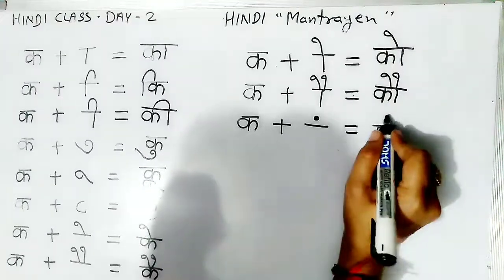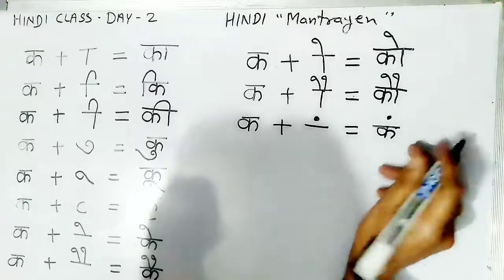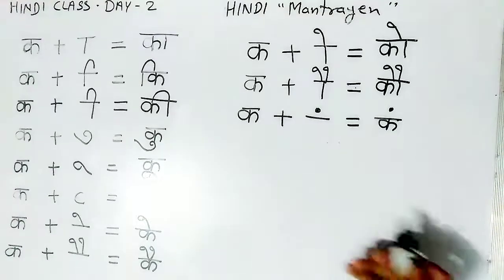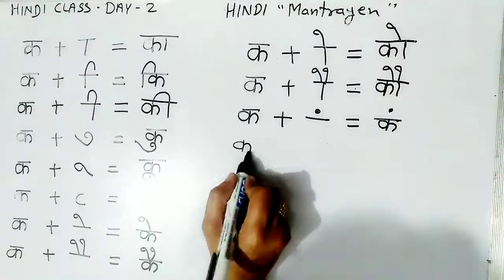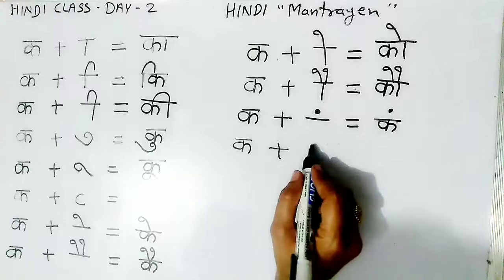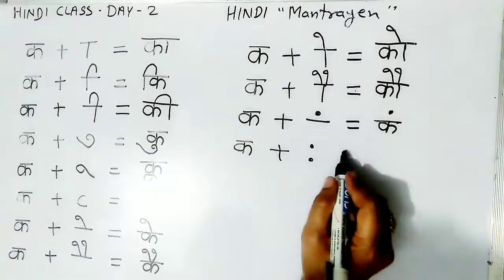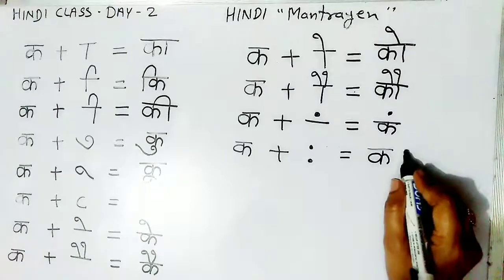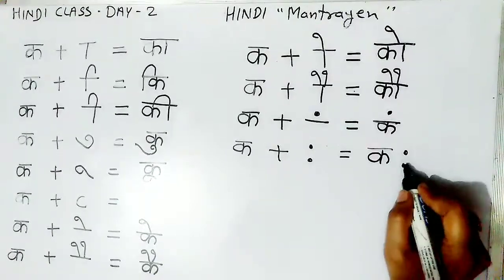K and this is the Ang matra. It makes Kang. K, the matra is Aha. K and the Aha matra make Kaha.